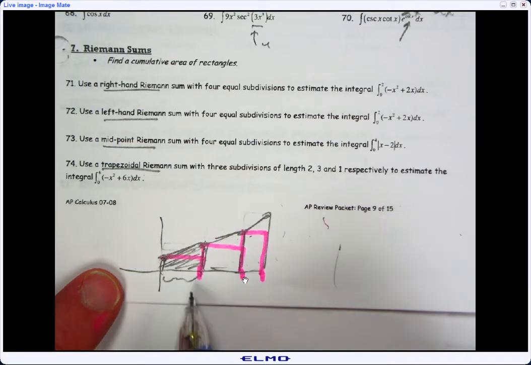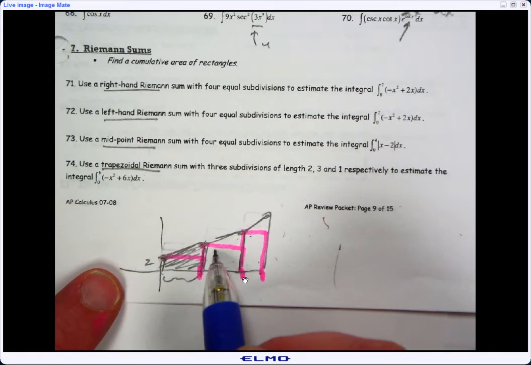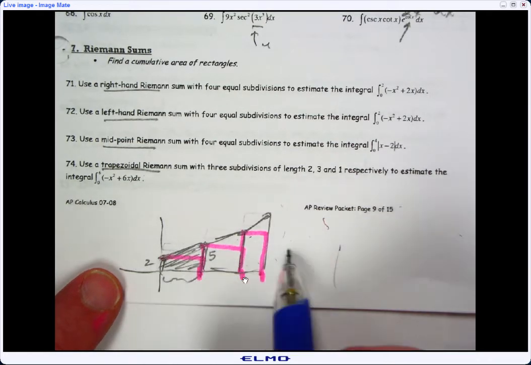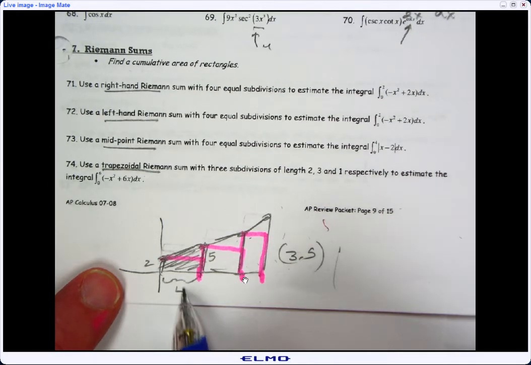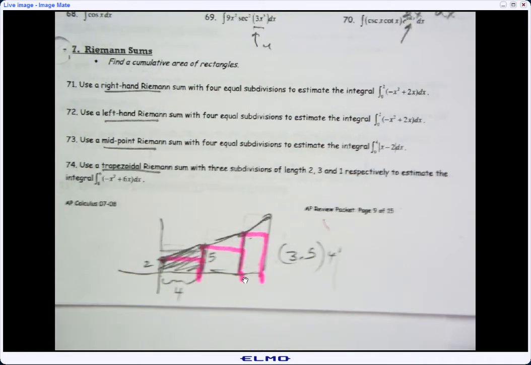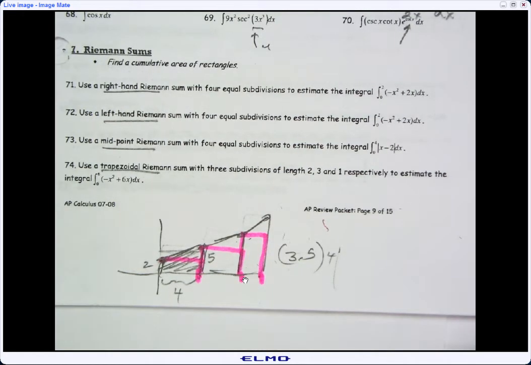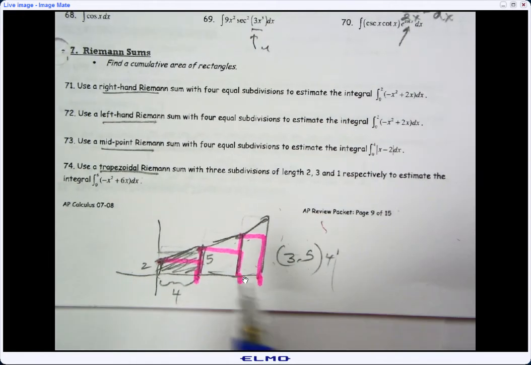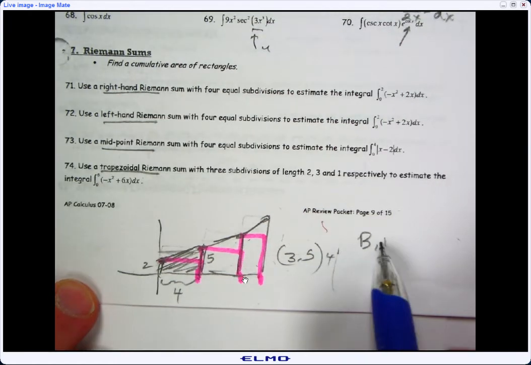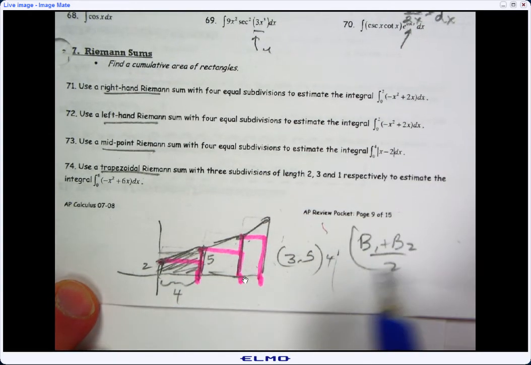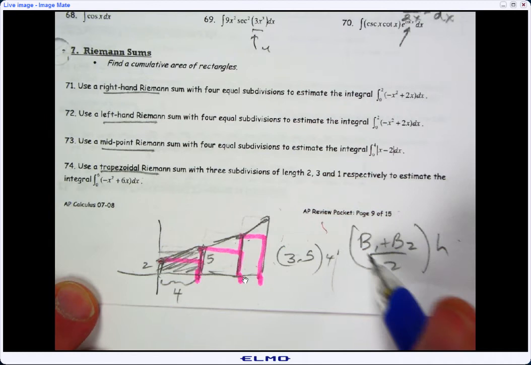So if this was 2 and this was 5, the average of 2 and 5 is 3.5. Let's say that width was 4, 3.5 times 4. It's really a rectangle. You're turning your right trapezoid into a rectangle by cutting it off. But you can use your base 1 plus base 2 divided by 2 times height, whatever form of the trapezoid area you used when you were a kid.